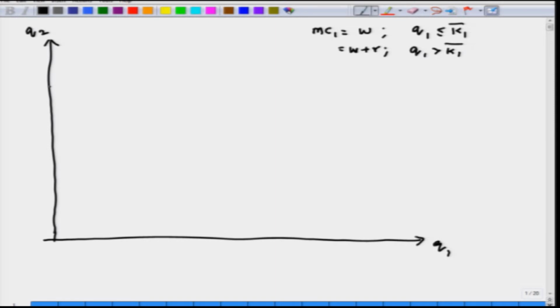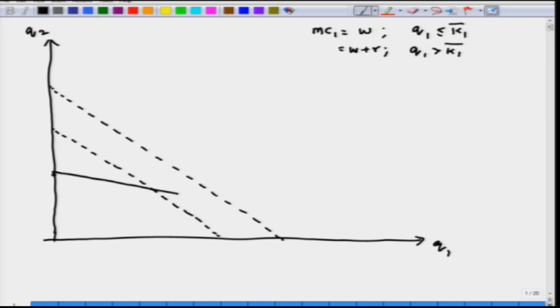Now, if we were to draw the best response functions for the incumbent and for the entrant, this is the best response function for the entrant, and this is the best response function for the incumbent.